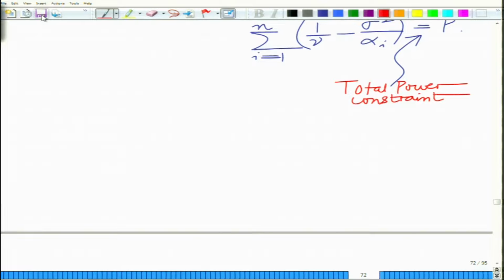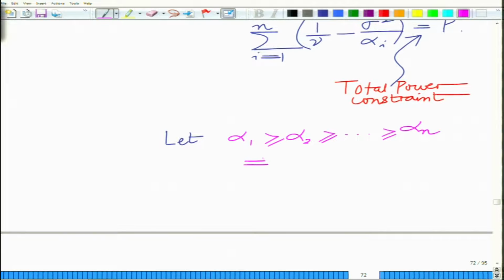Now, you observe something interesting. Let us go back to what we said before. Let us assume without loss of generality that these are ordered, that is alpha 1, the gain of the first channel, is strongest, greater than the second channel, greater than or equal to alpha n. Okay.